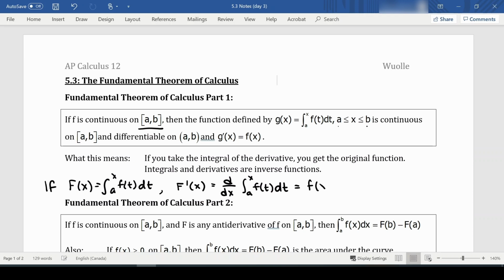This is equal to f of x. Therefore, big F prime is equal to little f. And if we think about it, the antiderivative of little f was big F, so the derivative of big F would be little f. If you take the integral of the derivative, you get the original function. Integrals and derivatives are inverse functions.